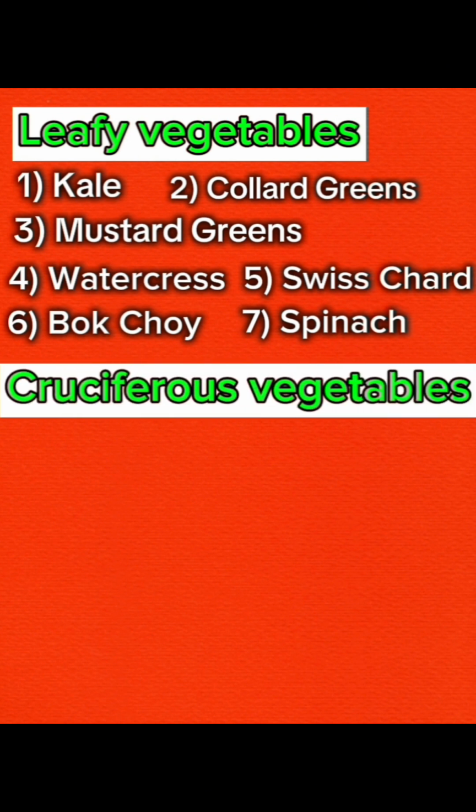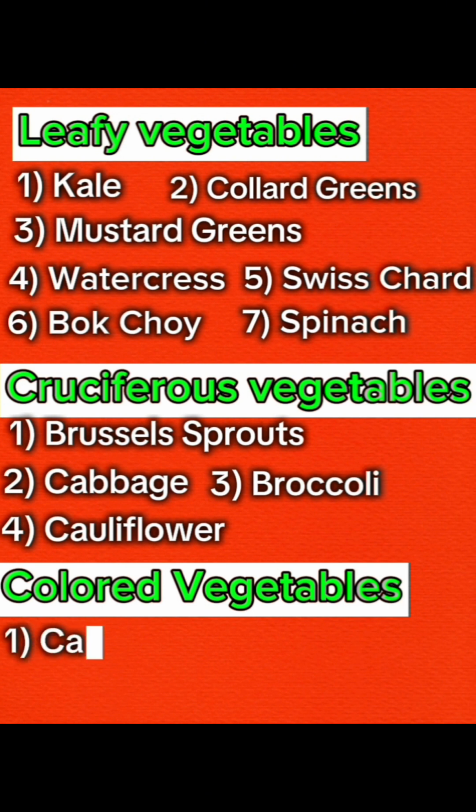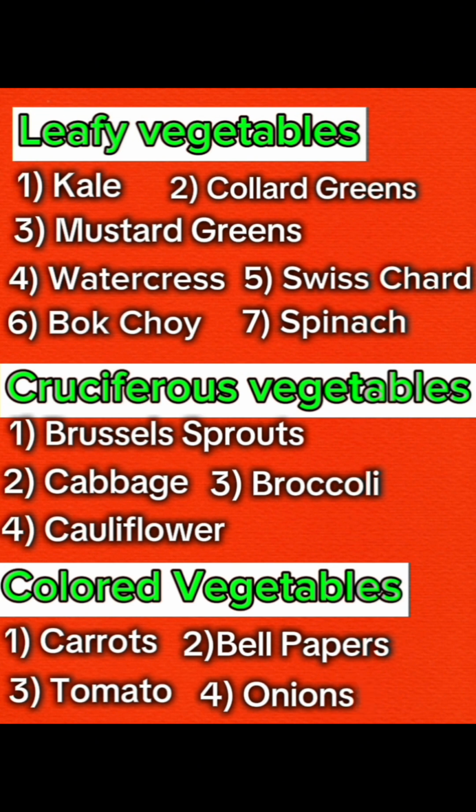Under leafy vegetables come kale, collard greens, mustard greens, watercress, Swiss chard, bok choy, and spinach. Under cruciferous vegetables come Brussels sprouts, cabbage, broccoli, and cauliflower. Under colored vegetables come carrots, bell peppers, tomato, and onions.